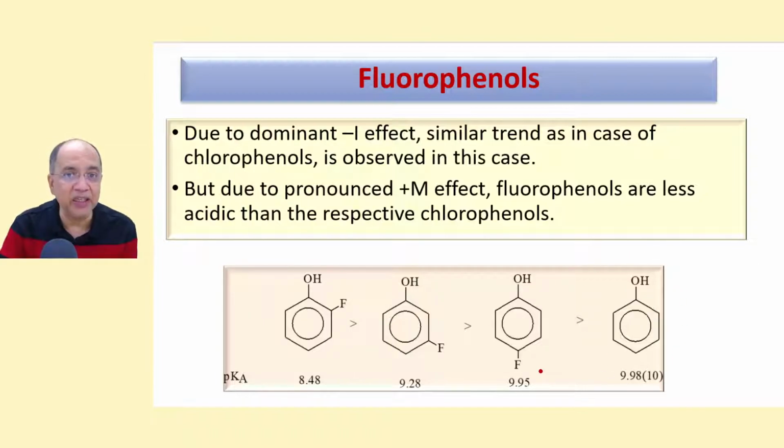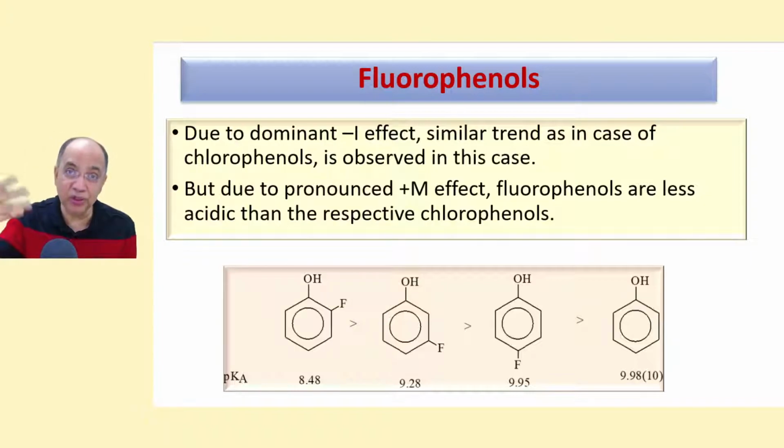But interestingly, you will find that fluorophenols have lesser acidity than the corresponding chlorophenols. Surprisingly, contrary to their electronegativity and minus I effects, you should say that fluorophenols should be more acidic than chlorophenols, but no, it is the other way around.